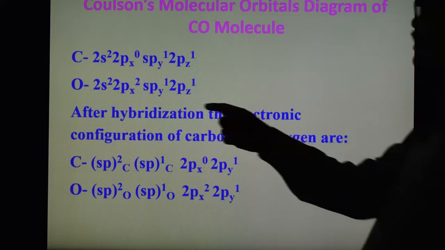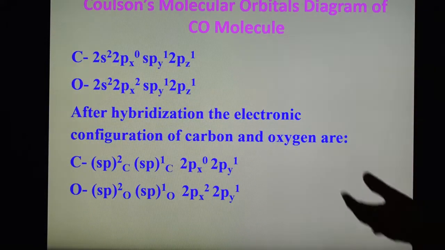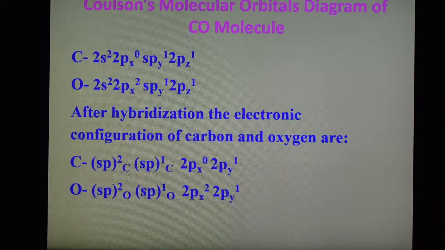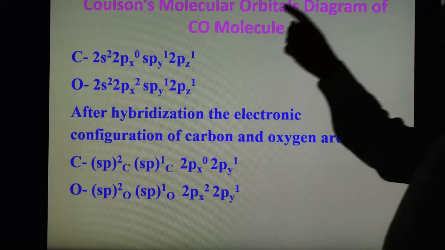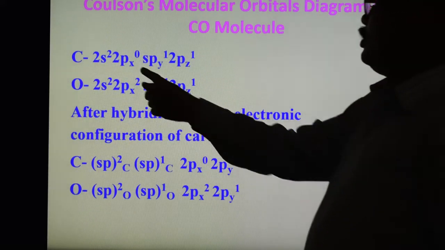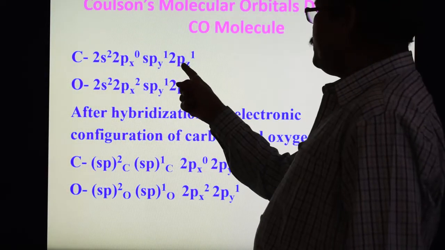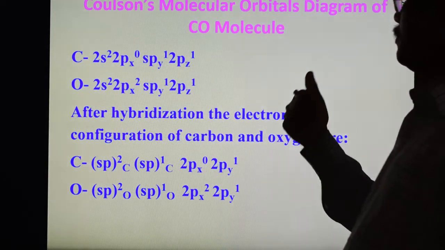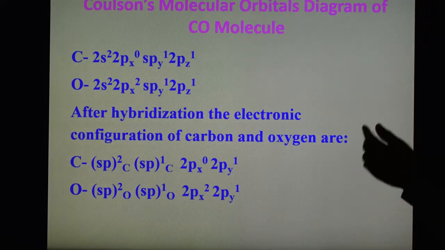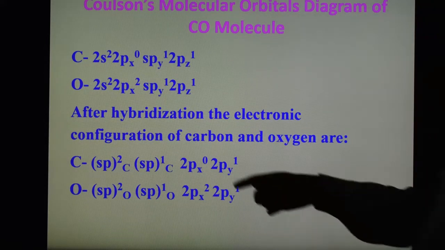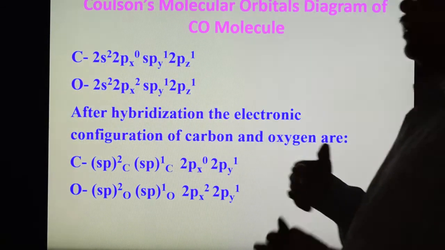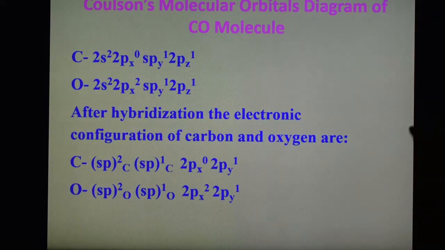Because we are mixing s and p, the new orbital formed is known as sp. To repeat, in oxygen the 2s and 2pz orbitals undergo hybridization, forming the new orbital sp(o).